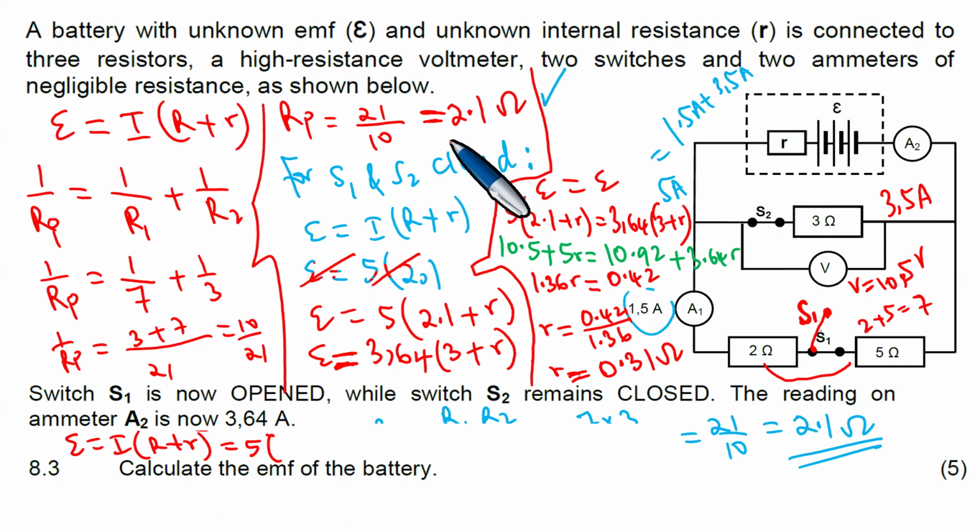The external circuit would therefore have 2.1 and then 0.31.